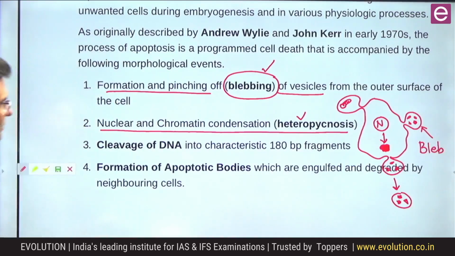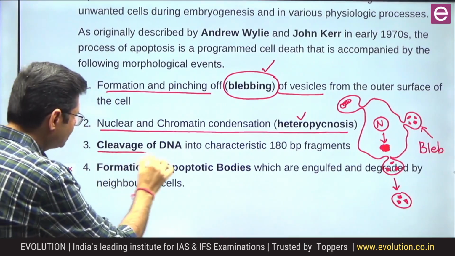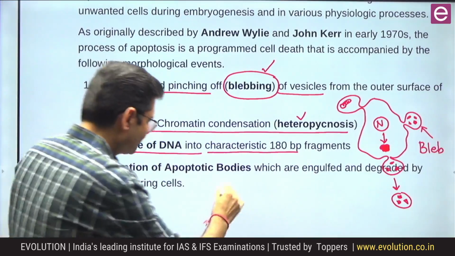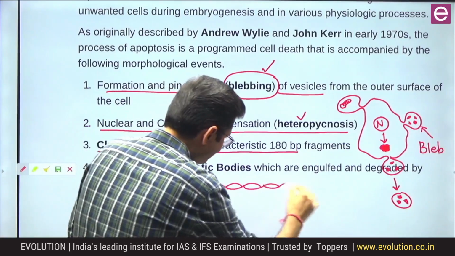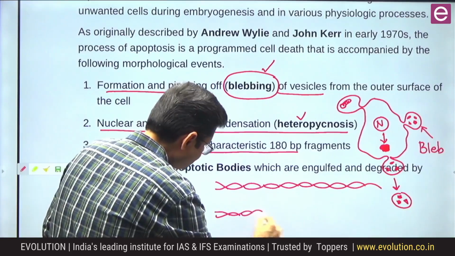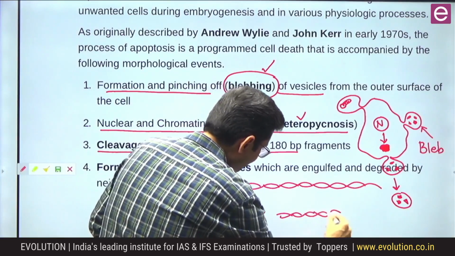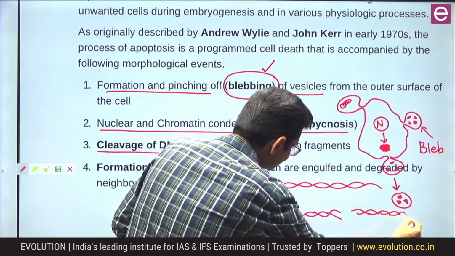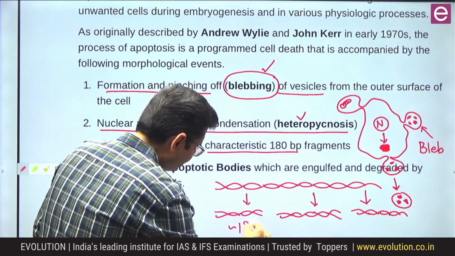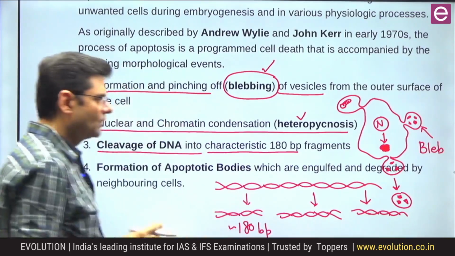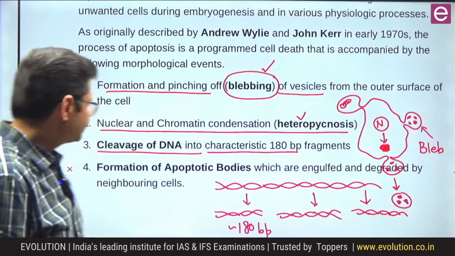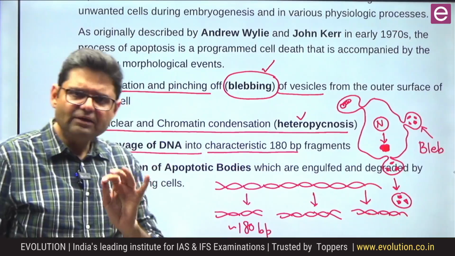Next thing is that the DNA will be cleaved into characteristic 180 base pair fragments. So the DNA inside of a cell will be cut into tiny little segments of nearly fixed size, around 180 base pairs long. I would agree that it varies from one species to another, but that is the size in human beings.